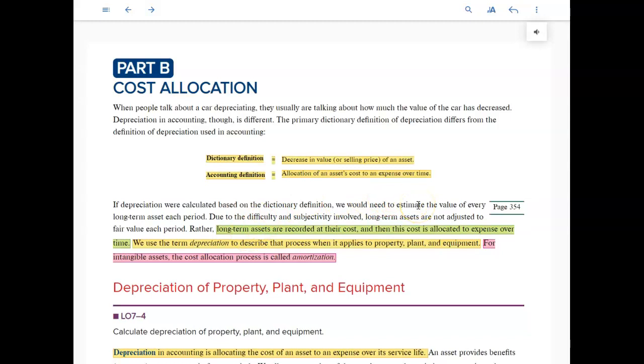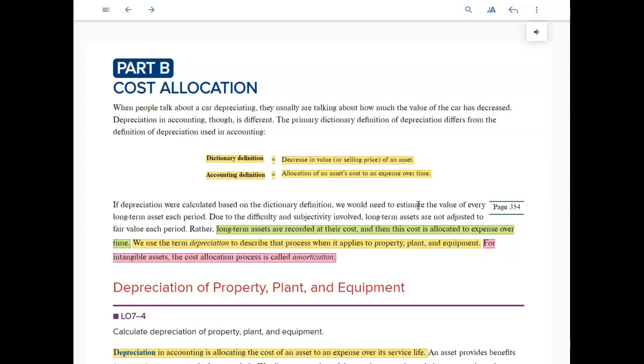Cost allocation. This is where we get into depreciating the assets that we've purchased. Now, whenever a lot of us think about depreciation, like for example a car we might be driving, the dictionary definition is decrease in value. So we might think, well, this depreciation is the car going down in value.